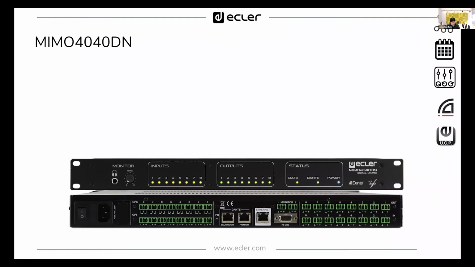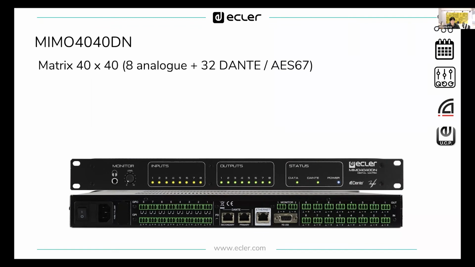Okay, and here I will explain about MIMO 4040DN. MIMO 4040DN, in fact, is almost discontinued. It's a native matrix of 40 by 40 inputs and outputs, and it has 8 analog ports and 32 Dante ports, just input ports and output ports.